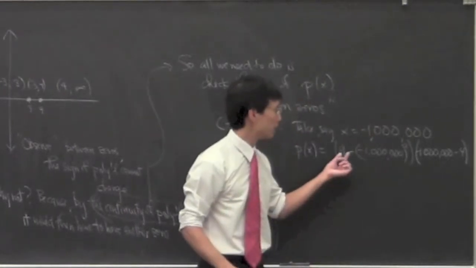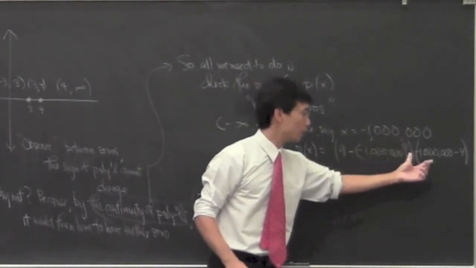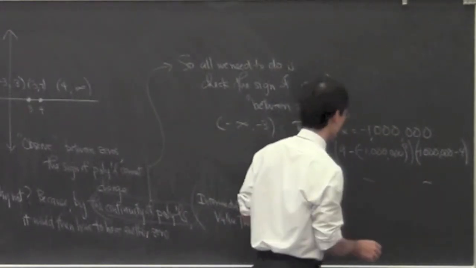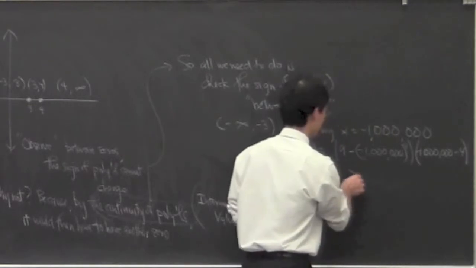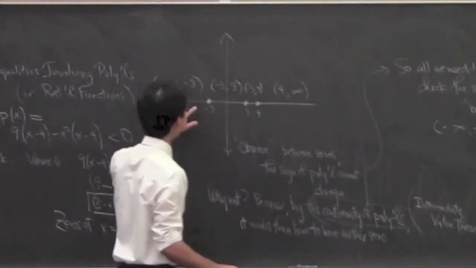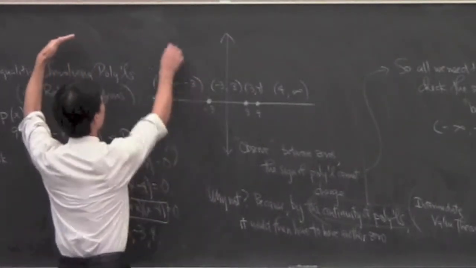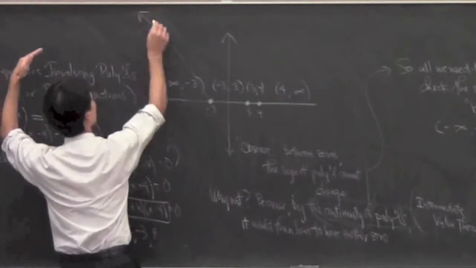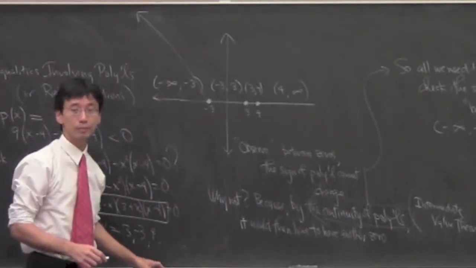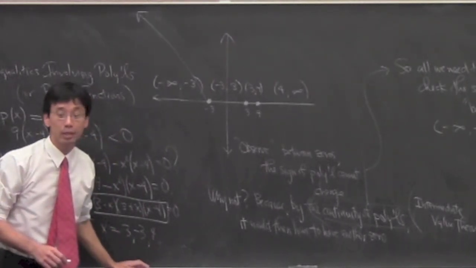So you have 9 minus a gigantic number, times a negative number, so we get a negative number and a negative number, so we get a positive number. This is bigger than 0. So we check at one point, we find that it's a positive number, so you know everything over here is positive. Did people get that? Anyone confused?